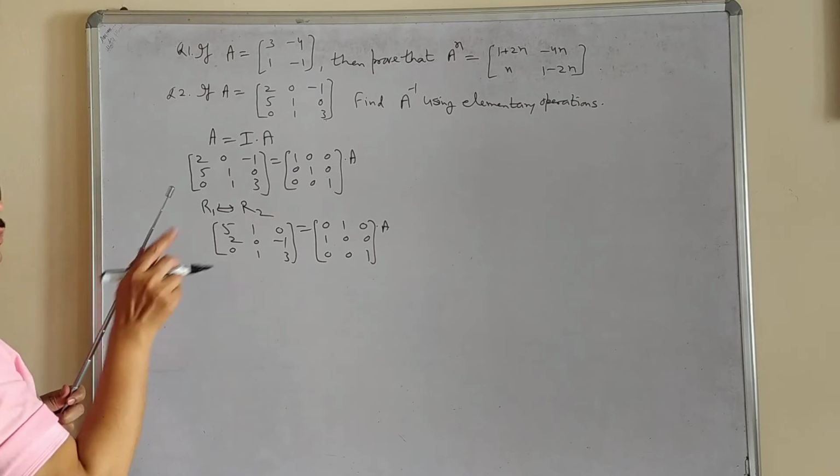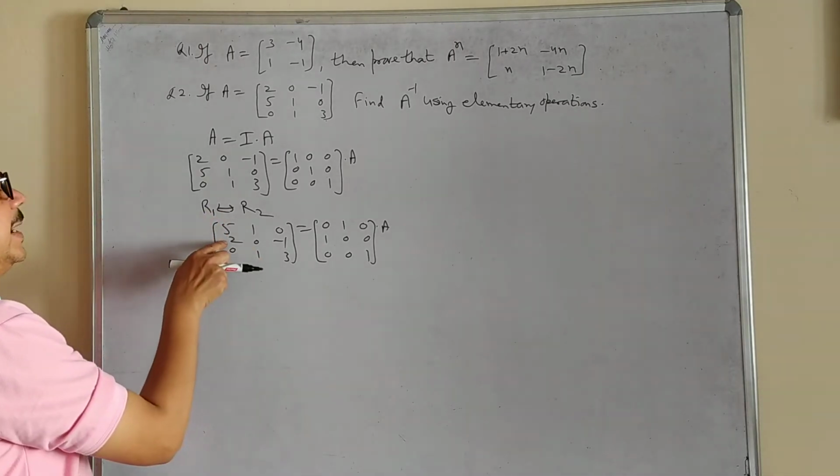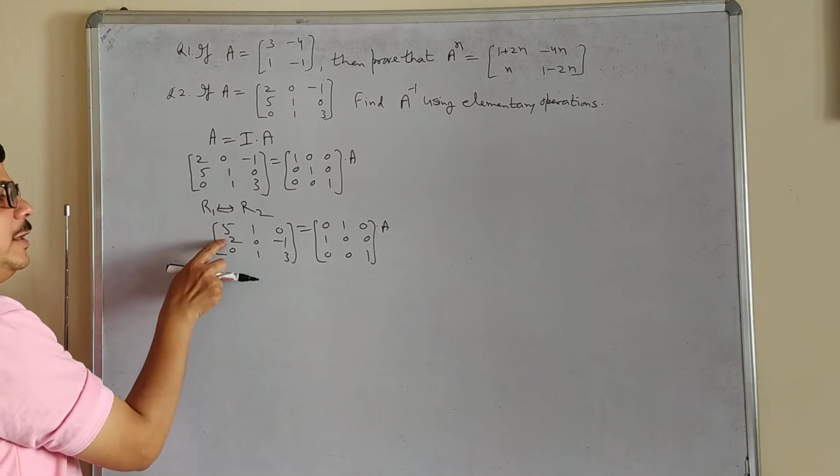In place of 5 we require 1. We know that 5 minus 4 can be 1, and 4 can easily be obtained by multiplying this 2 by 2.